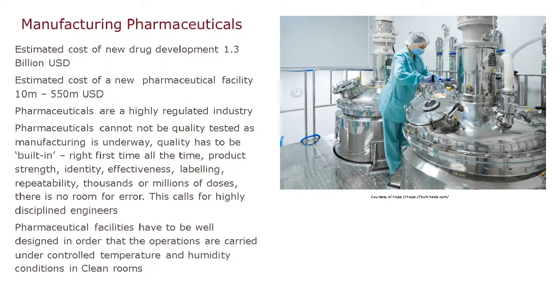That's the product strength, the identity, the effectiveness, labeling, repeatability, across thousands or millions of doses. There's no room for error, and this calls for highly disciplined engineers. The engineers are used to working to tight specifications that control using approved drawings, etc.